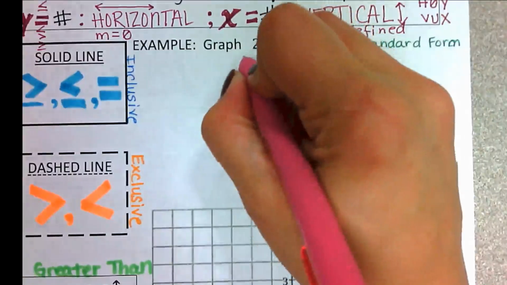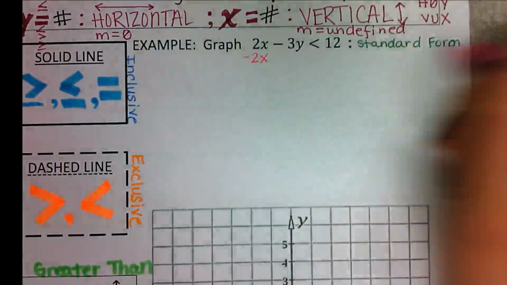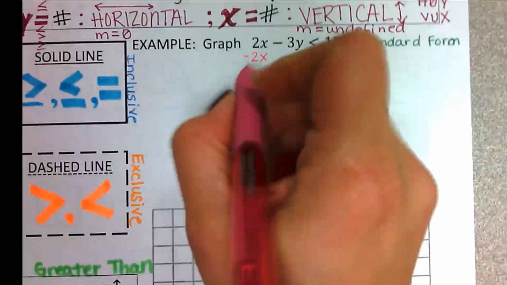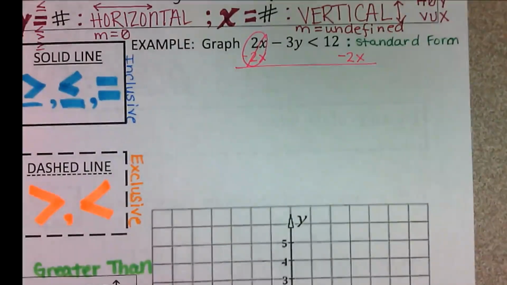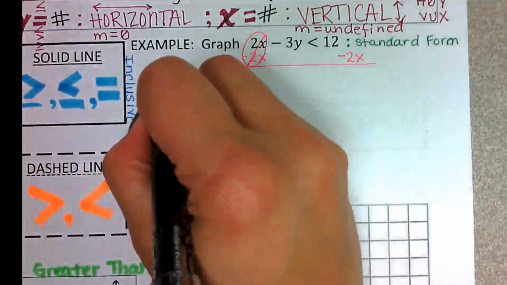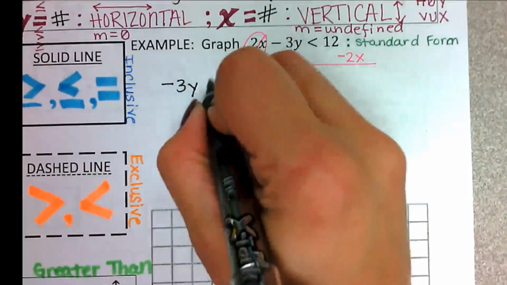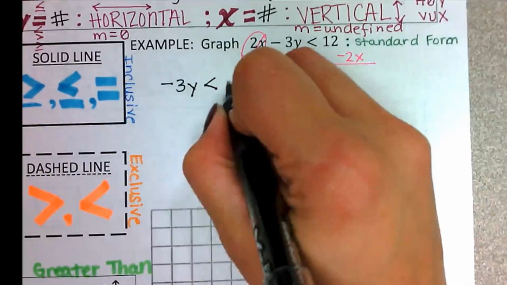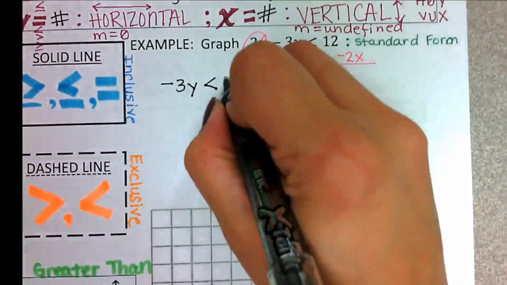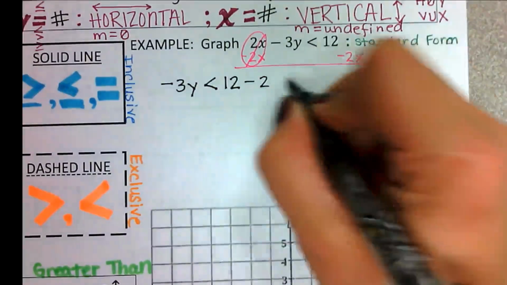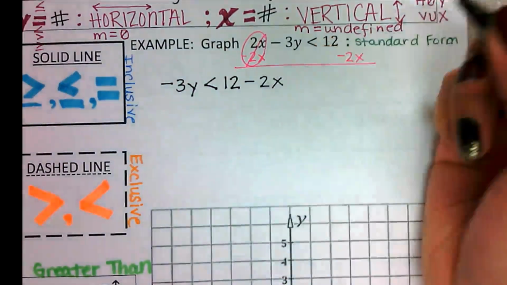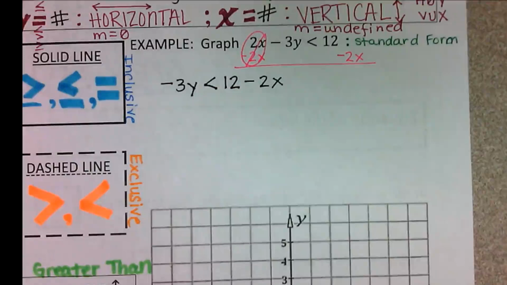Using the inverse operation, I'm going to eliminate the 2x and bring down negative 3y is less than, just for now, I'm going to go ahead and keep it exactly what it looks like, 12 minus 2x. Okay.